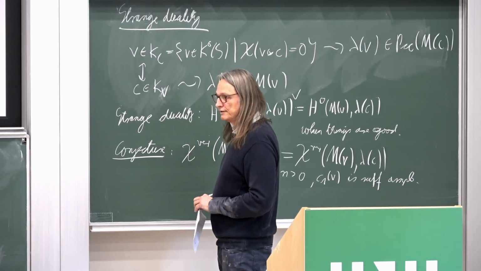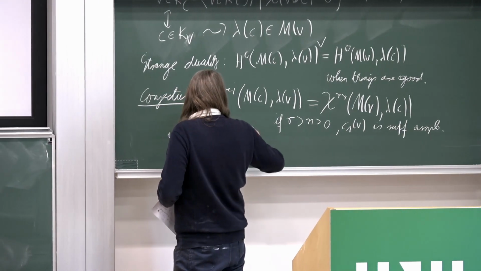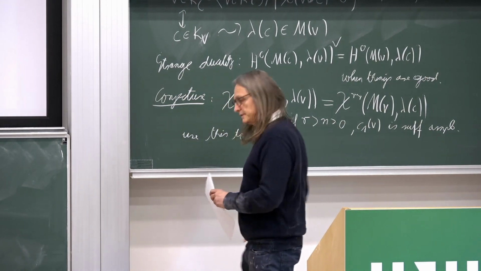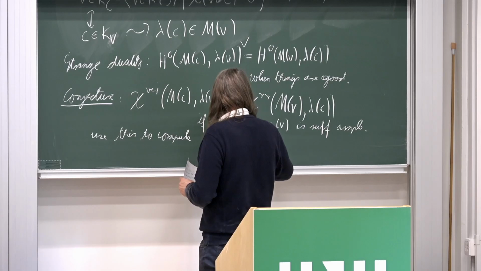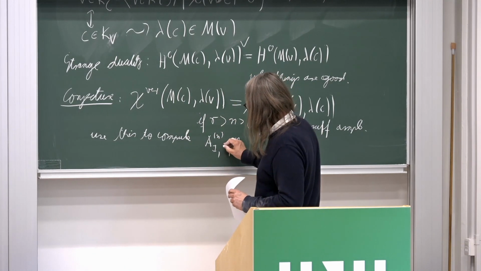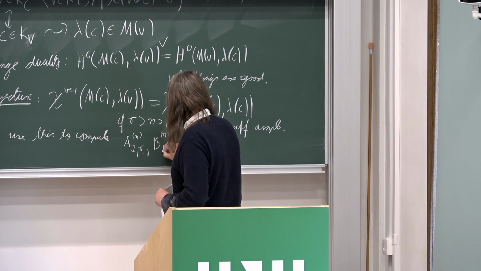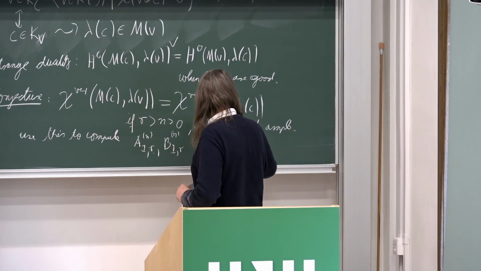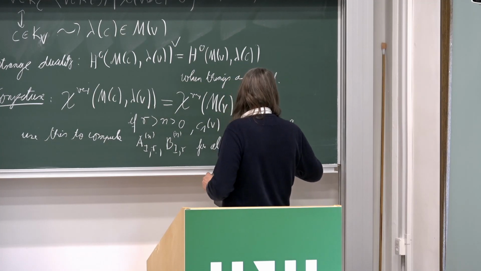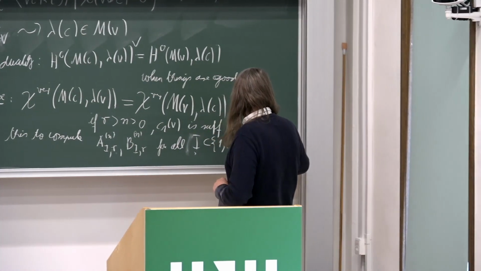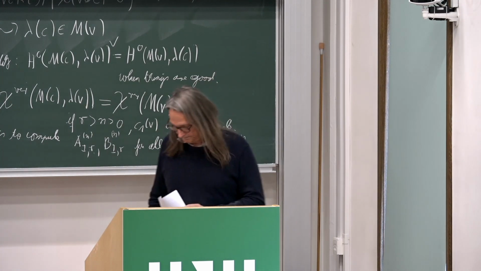Now we also know the power series when n is bigger than r, so we use this to compute the A_i, n, for all i, and for i equal 1. Where n is now rank r, and what was n is now r. Okay, so we can do this.